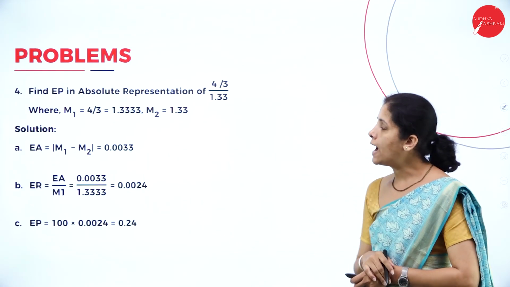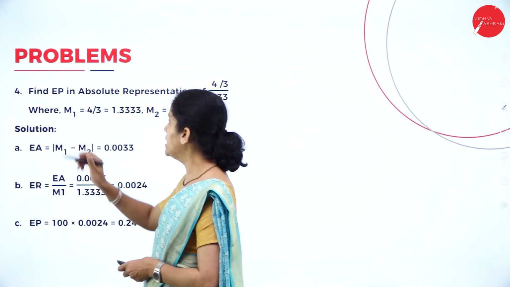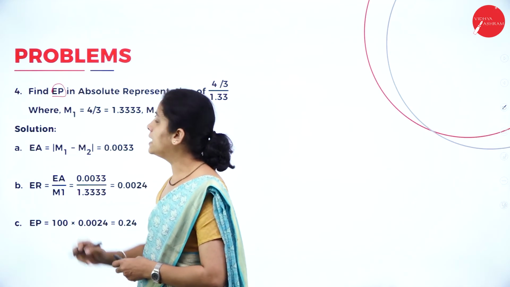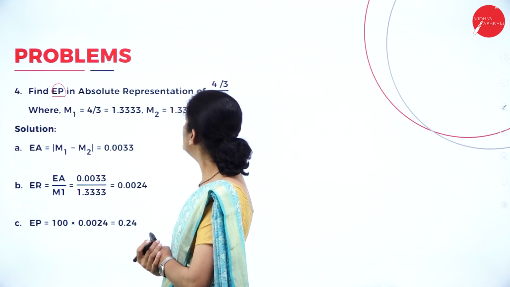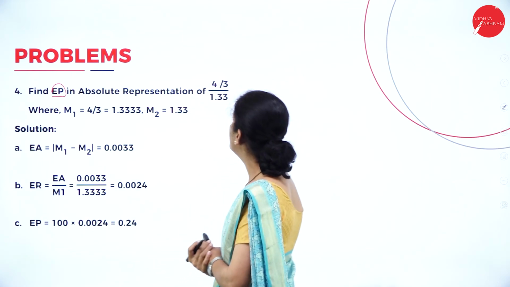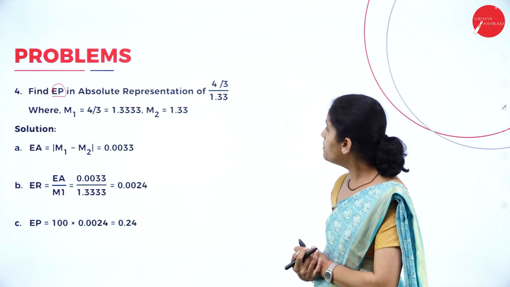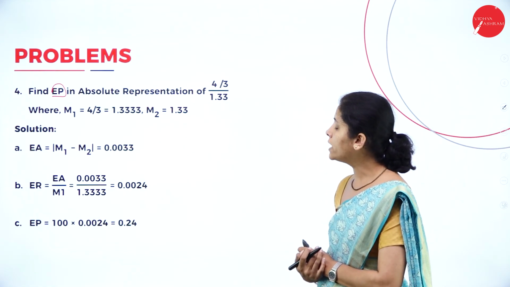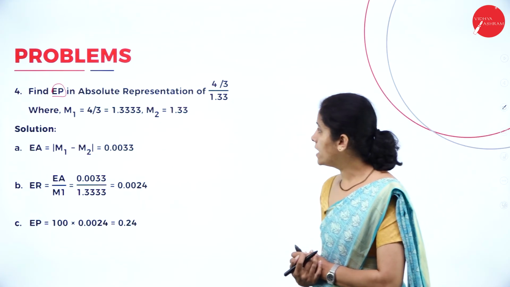Now, I'm going to have my fourth problem, that is find EP, the percentage error, in the approximation of 4 by 3 as 1.33. So what I want to do is just find out the percentage error.